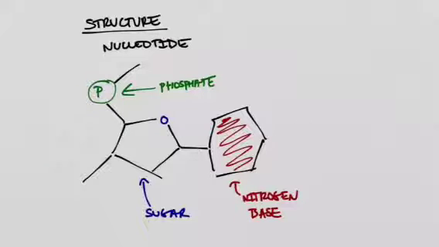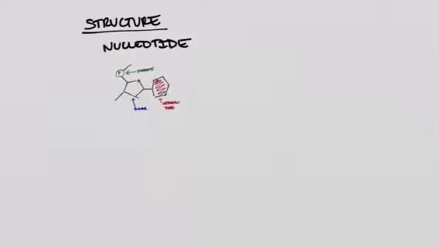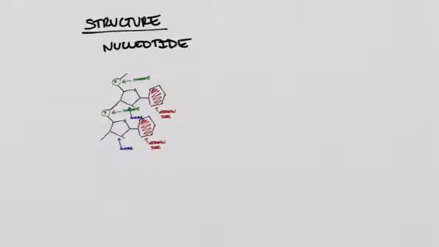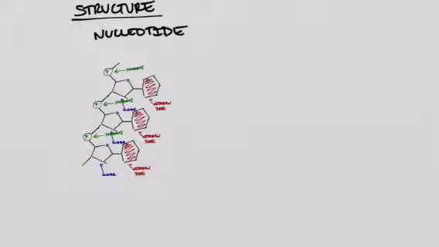Okay, so, however, in order to make a nucleic acid, what we actually have to do is make a long chain of these things. So I'm going to take this, shrink it down, and then put that in there. So, this would now be an example of a nucleic acid, a long chain of nucleotides.